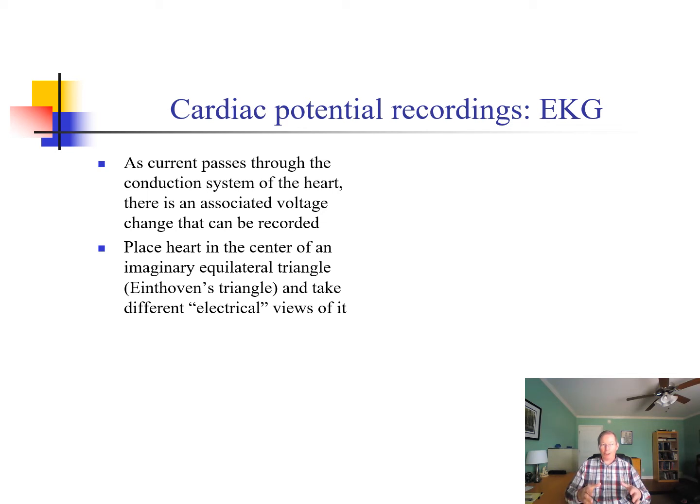And then I can look at different vectors or different views of the electrical activity of that heart. And that process of collecting that information will result in the construction of what's called an EKG or an ECG. Now, I need to have skin electrodes, surface electrodes, and I'll take the potential difference between two differing ones, and I'll get different signals from that.